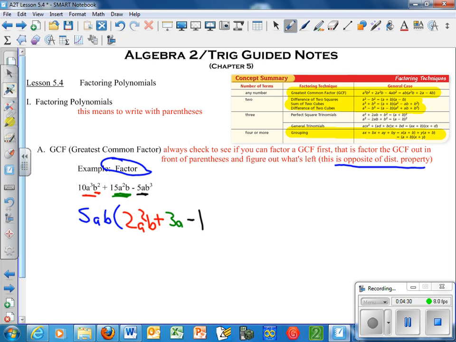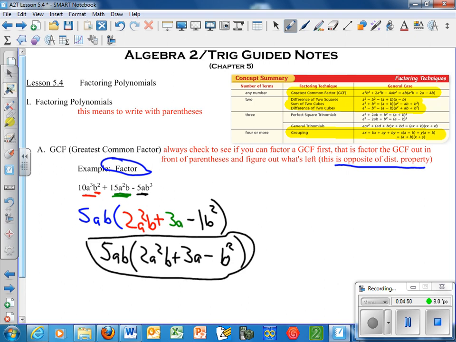I took out a b, so I will have b squared left there. So your answer is 5ab multiplied by 2a squared b plus 3a minus b squared. And like I said, if you want to keep the minus 1 in front of the b squared, you can, but that would be your answer to that particular problem.